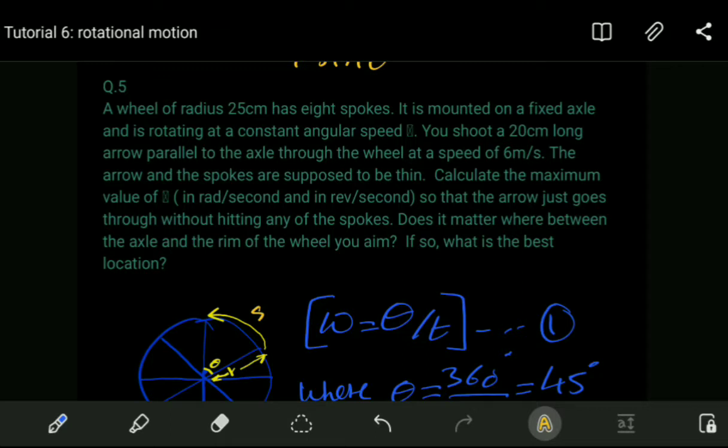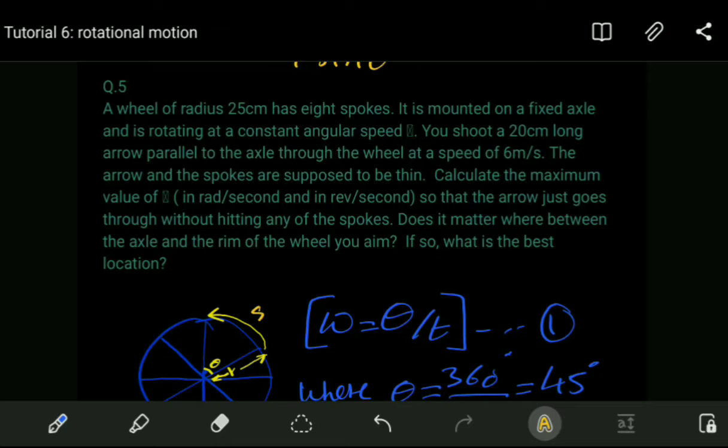So this time here is simply the time it takes the arrow to pass through without touching any of the spokes. So it has to pass through the space between two spokes.